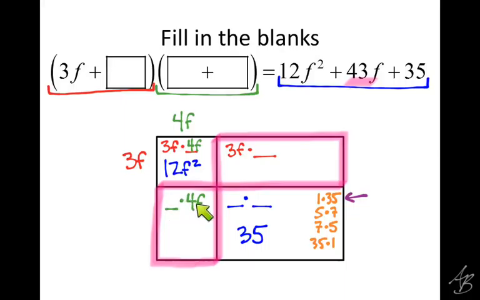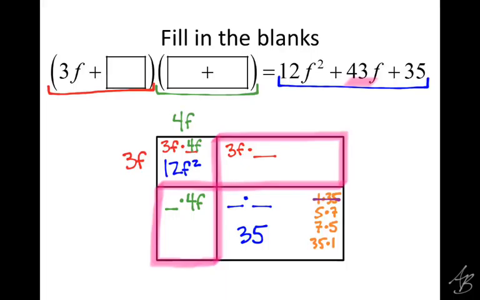So 1 times 4f gives us 4f. And then the 35 is going to go here. 3 times 35 is 105. So we have 105f plus 4f. Is that 43f? No. So that one's not going to work. All right, so we figured out that one didn't work, and we didn't have to write anything down.